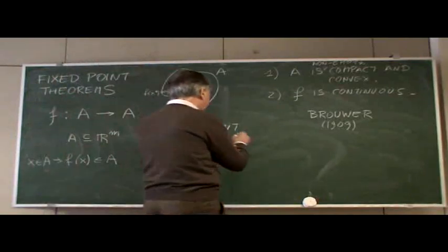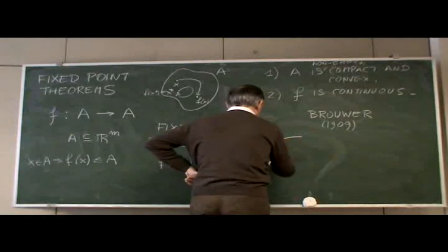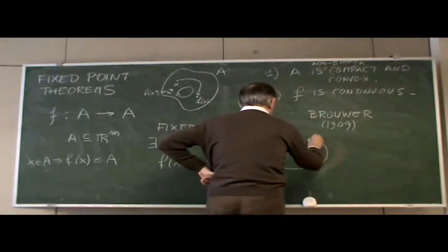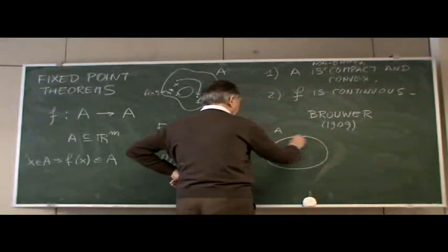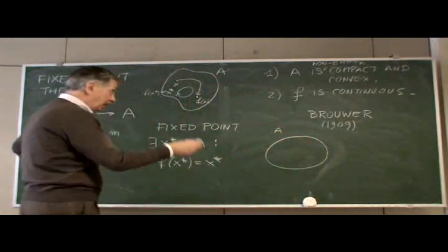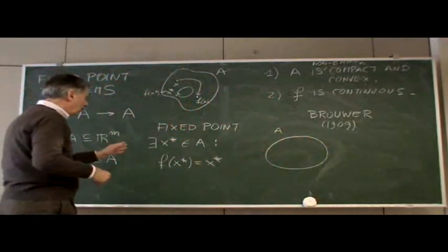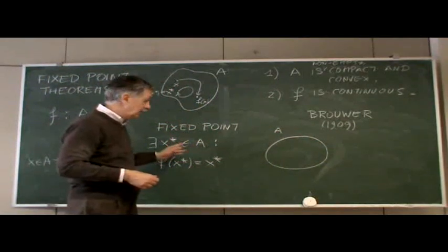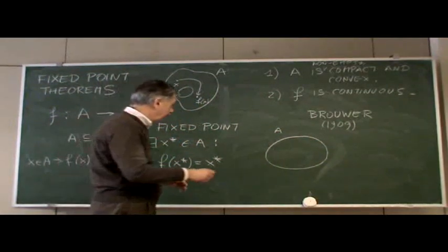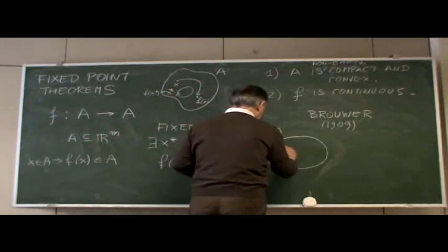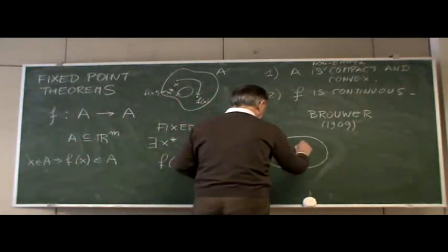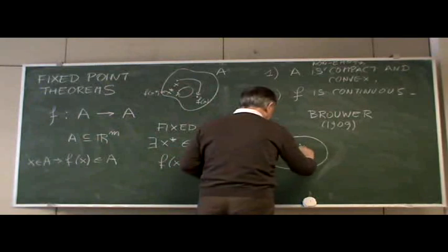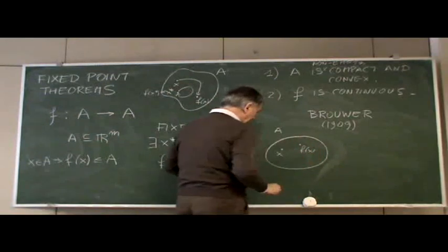One of the proofs starts in this way. A must be a convex compact set like this. Suppose ab absurdo that no fixed point exists for this function f. So take any x, f of x is different from x.